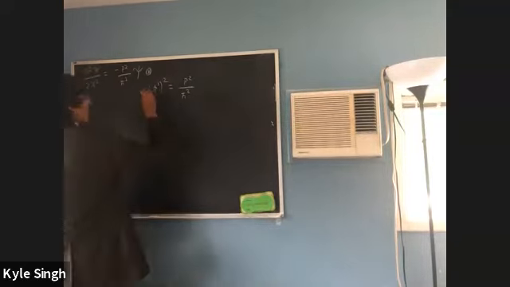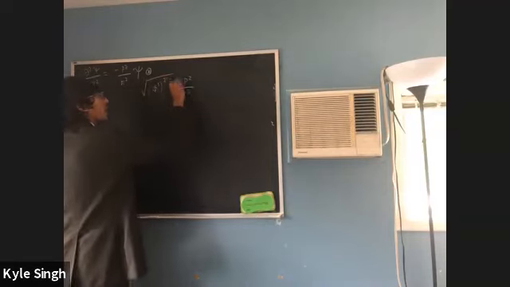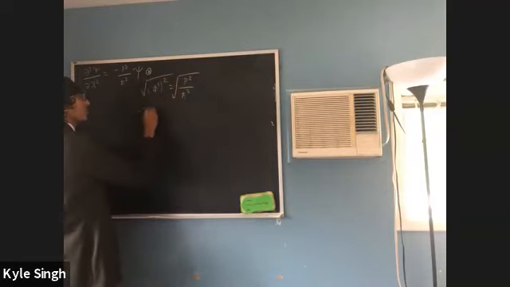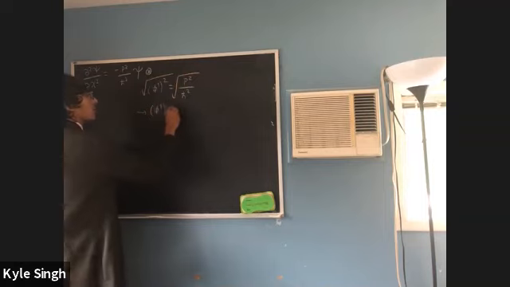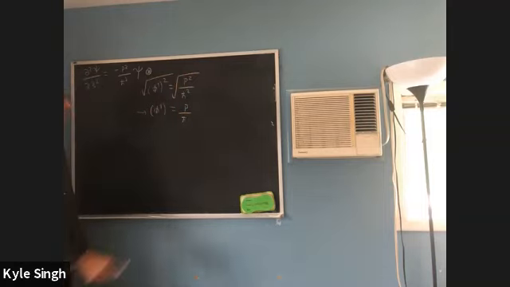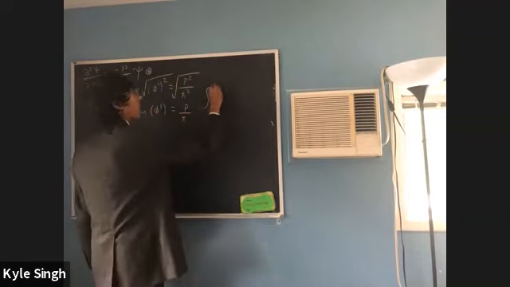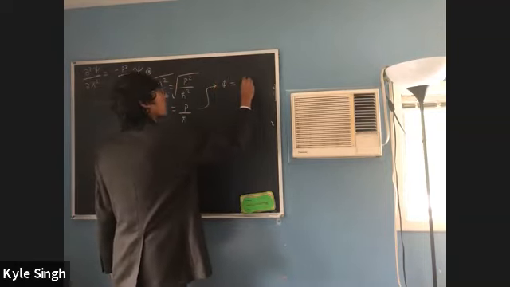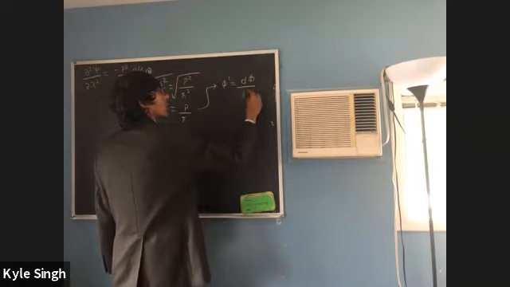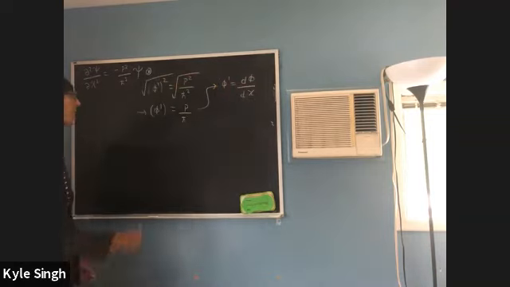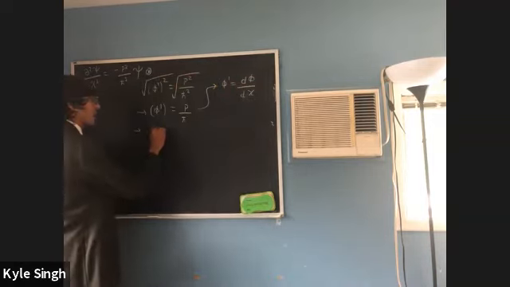So now what is this thing? First, let's just square root both sides. Now what is phi prime? Phi prime is just d phi dx.